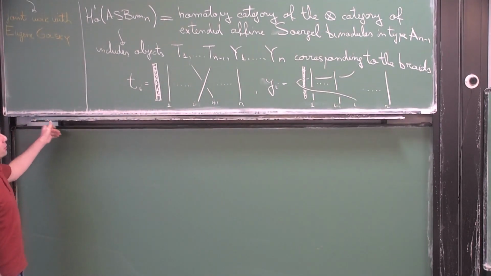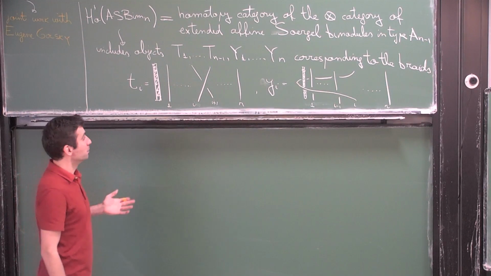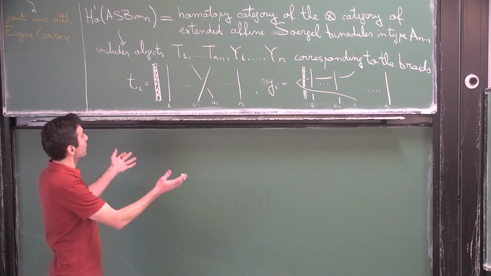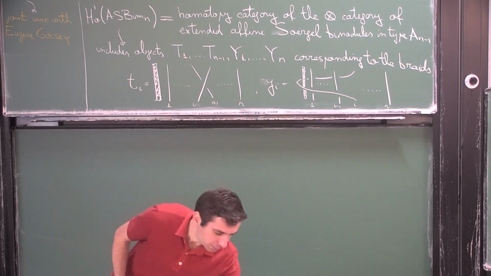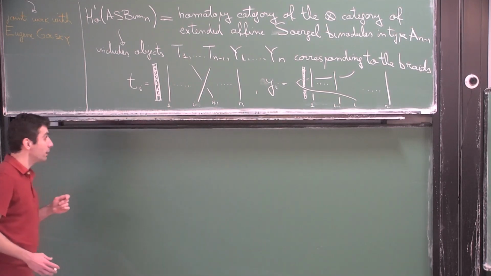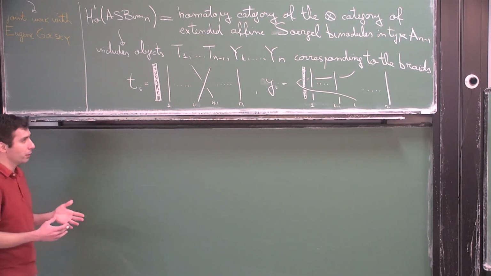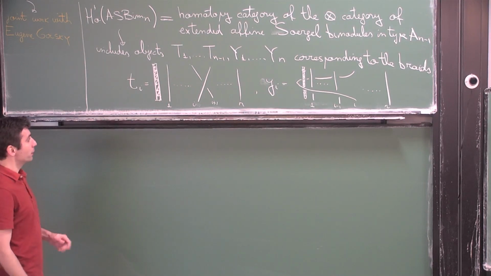So these are the braids which correspond to them, and then I will write some stacking of these braids for you, and then by this picture, the braid picture of the objects will be completely defined. So I won't tell you what these objects are in terms of Soergel bimodules, it would involve too much time, but it's super interesting.